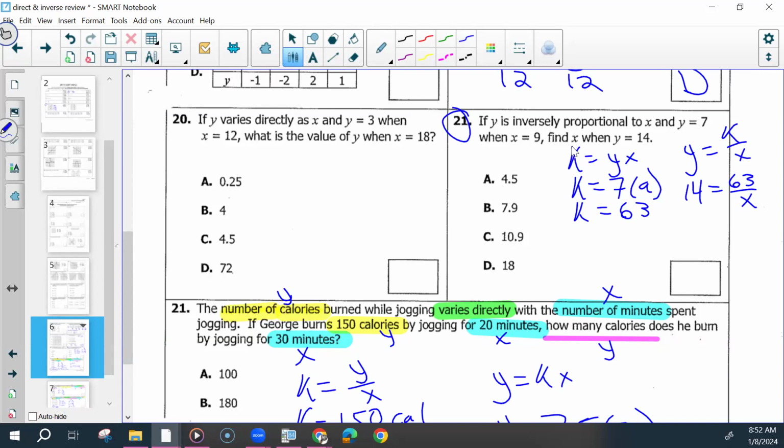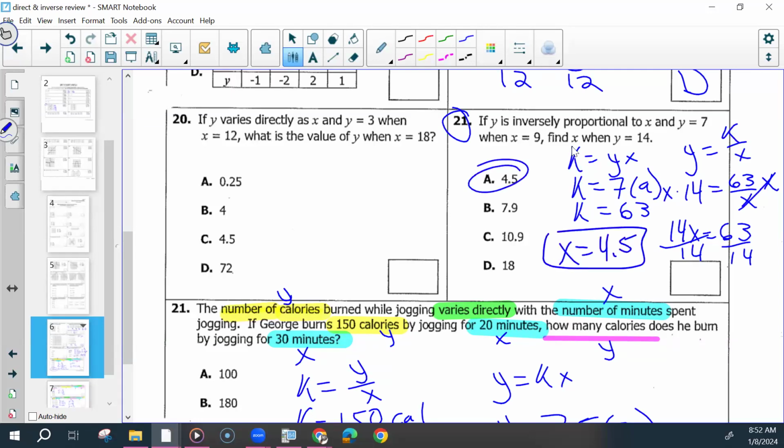What else could you do? Multiply by x on both sides. These x's cancel, and this is on the other side. So 14x equals 63. Divide both sides by 14. What is x? 4.5. Other questions?